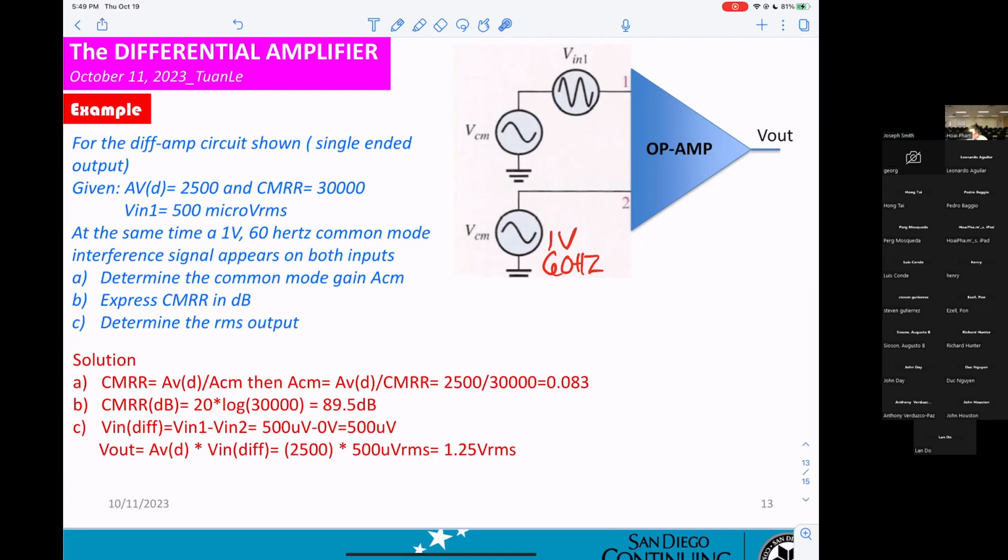Okay? Vout equals AVD times Vin differential. AVD is 2500, that's the AVD right here, times 500 microvolts, so that's why you get 1.25 volts.